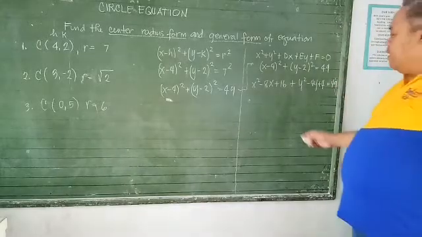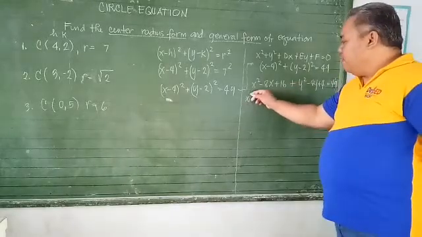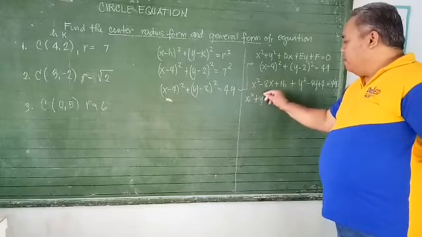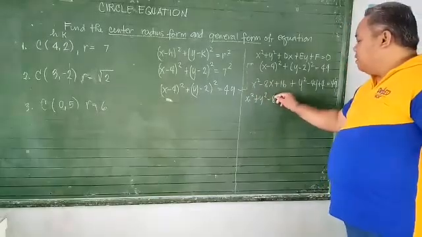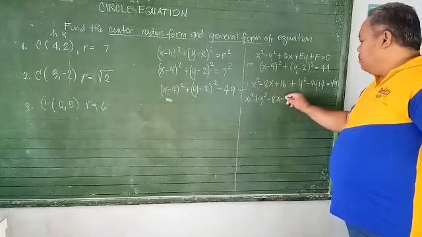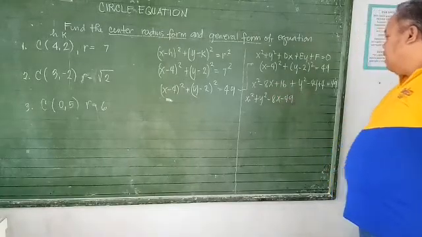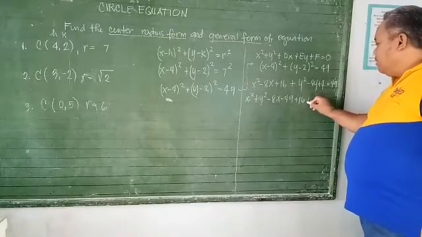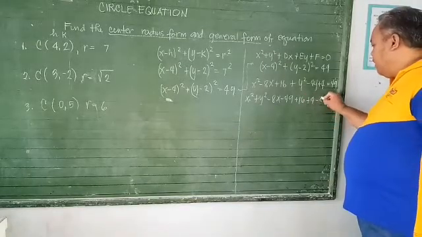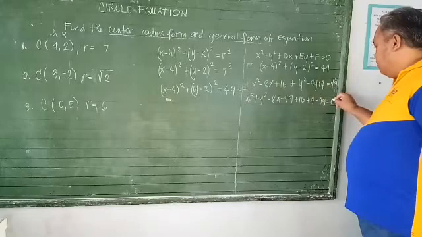Ganyan. And then group natin: x^2 + y^2, then -8x - 4y, tapos plus 16 plus 4 minus 49 is equal to 0.